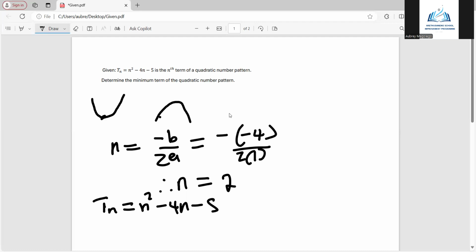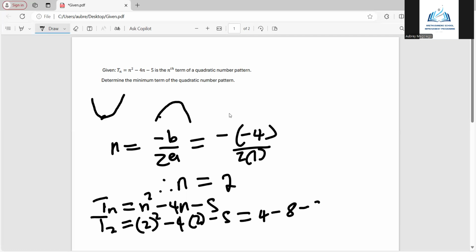So we are looking for T2, which is equal to 2 in brackets squared minus 4 into 2 minus 5. So this is equal to 2 squared, which is 4. Negative 4 multiplied by positive 2 is negative 8, minus 5. Yeah, you can confirm with your calculators.